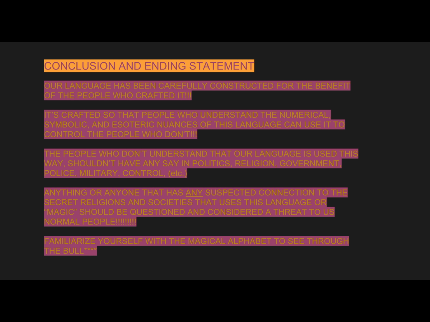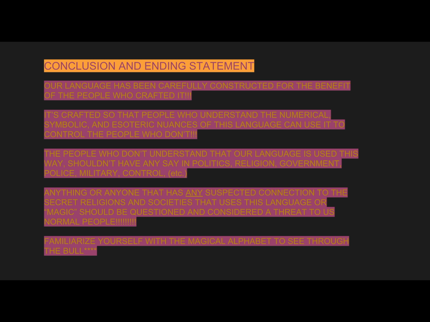The people who don't understand how our language is used this way shouldn't have any say in politics, religion, government, police, military, and control, because they have no clue how those things are used against the people.